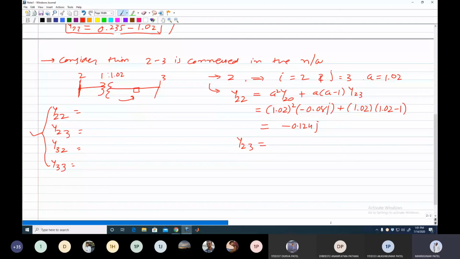Just refer to the case of the transformer. What is the value of y23? Yes, very good. It is A into y23.